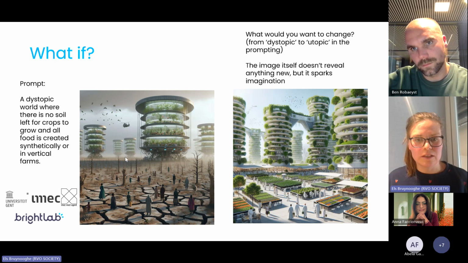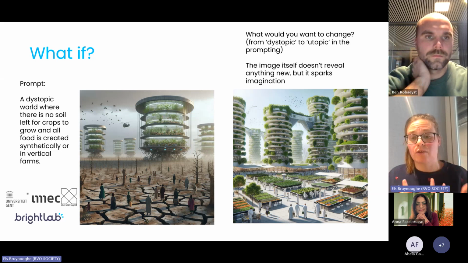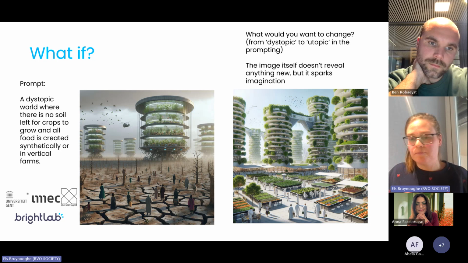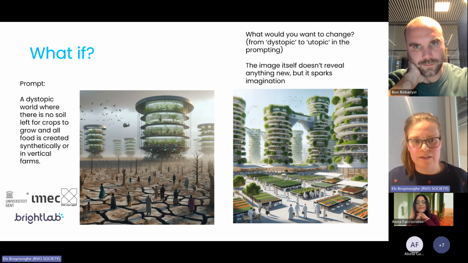The only thing you could do is let the sun shine a little bit more and have some more concrete on the floor. But basically the systems are the same. It's just a different feeling. And based on this exercise, you can already start your creativity: what would you do to make this a reality, or make this not a reality?